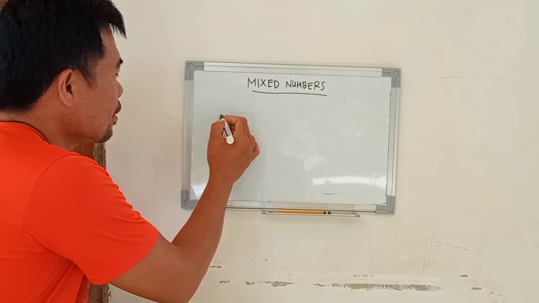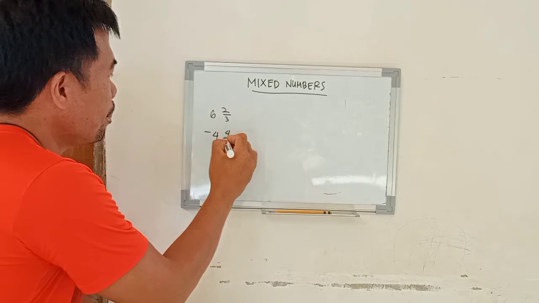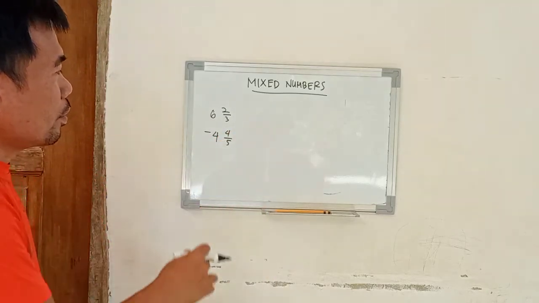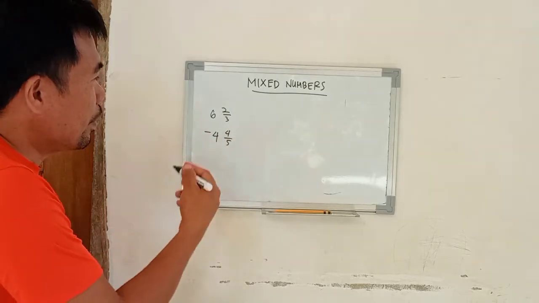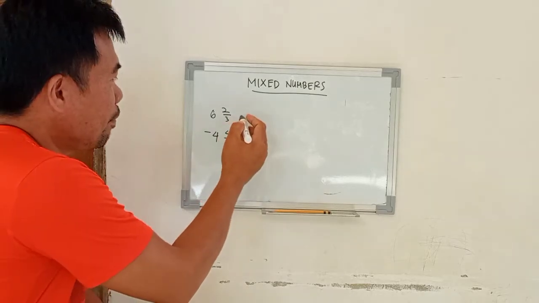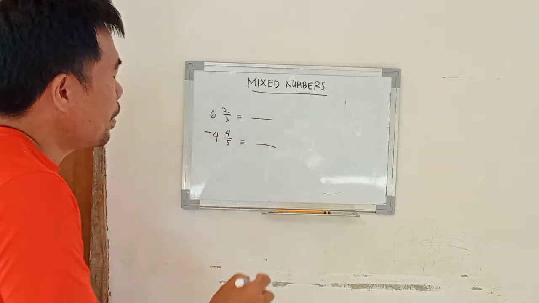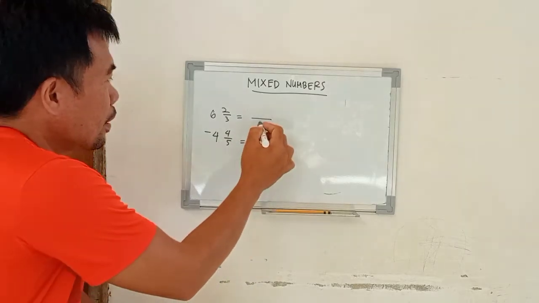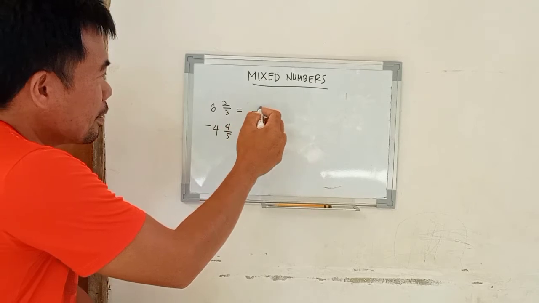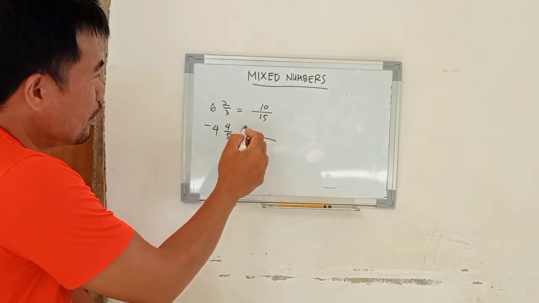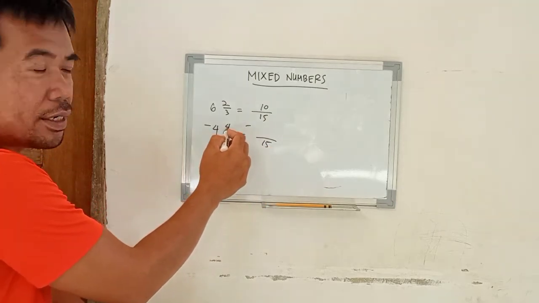Another example is 6 and 2/3 minus 4 and 4/5. As you can see, the fractions here are dissimilar fractions. First, we will make them similar fractions by finding the LCD. The LCD of 3 and 5 is 15. 15 divided by 3 is 5, times 2 is 10. 15 divided by 5 is 3, times 4 is 12.